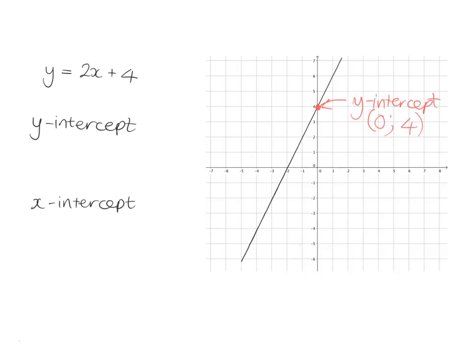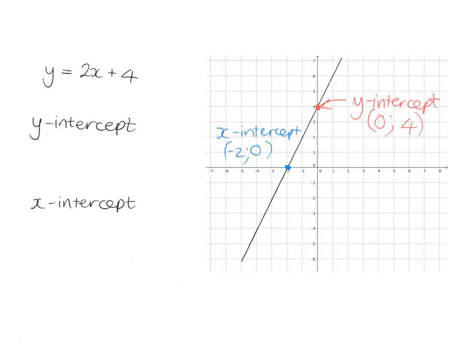And so you can see here that what we're talking about is this point over there, and that's your x-intercept. Now obviously because it is where it cuts the x-axis, it's on the x-axis, so your y value there is 0, and here in this case your x value is -2.